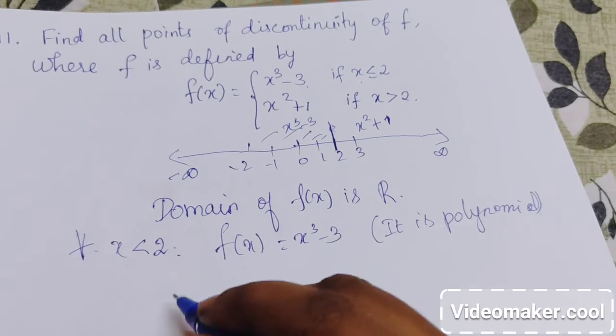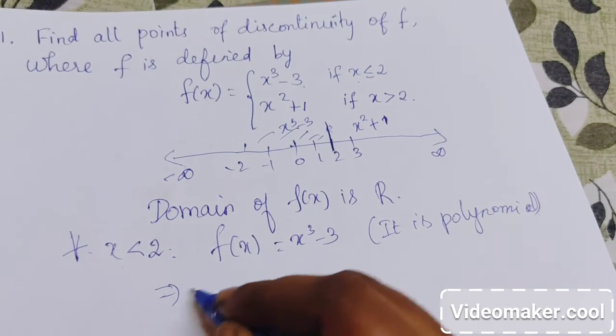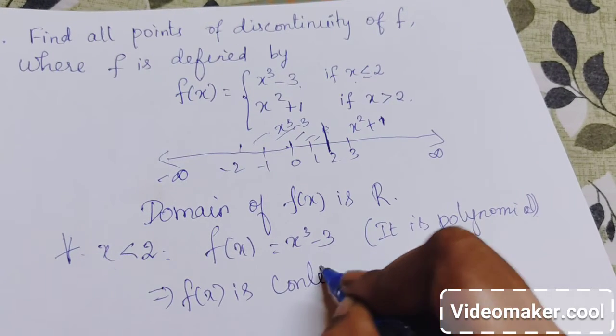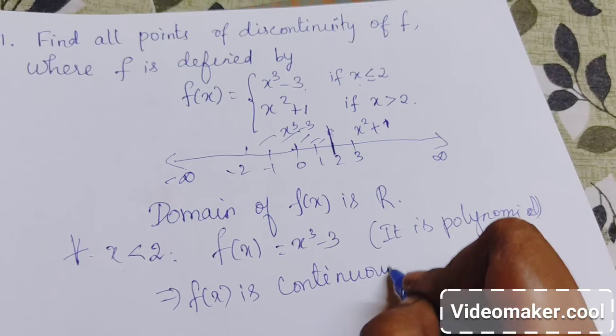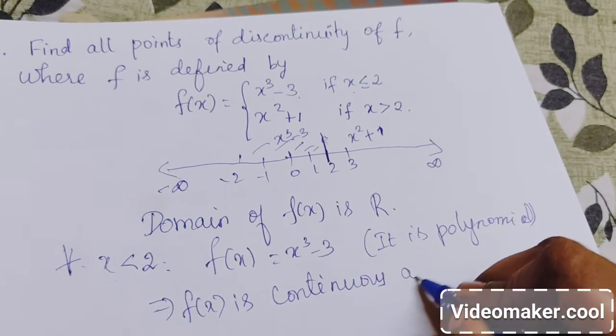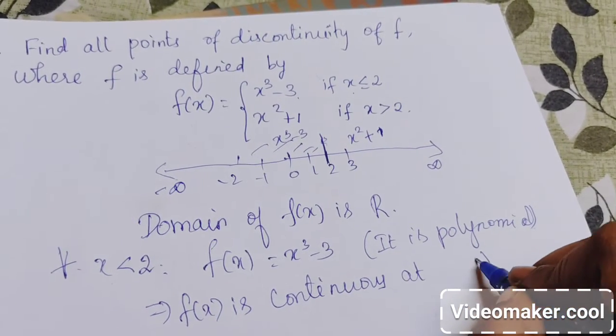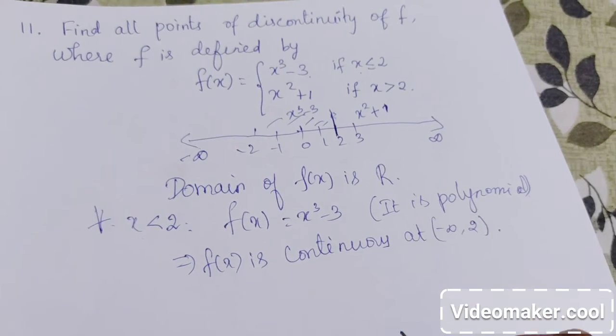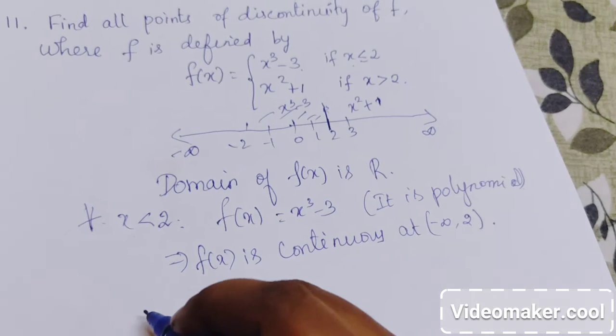It's a polynomial, which implies f of x is continuous on the interval minus infinity to 2.